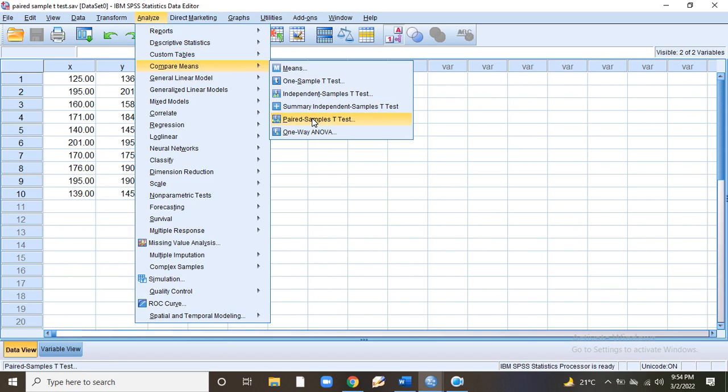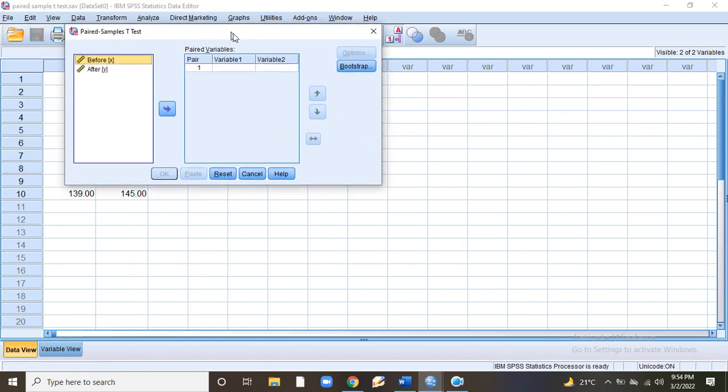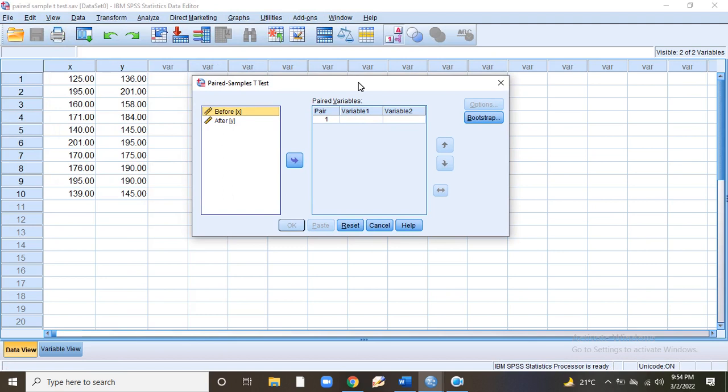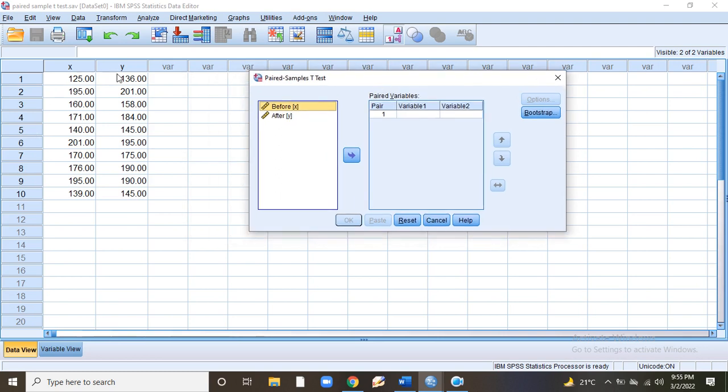We click on this option, and there is a pop-up window. In this box you can see the variables in our spreadsheet, variable x and variable y, and we have to transfer the variables of interest from this box to there.